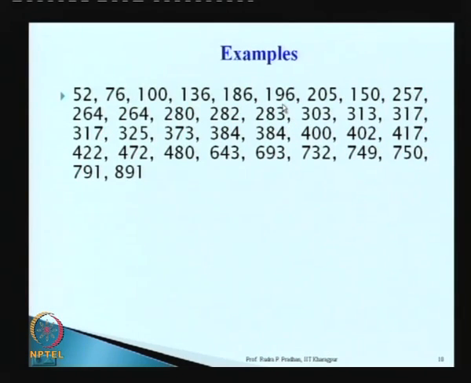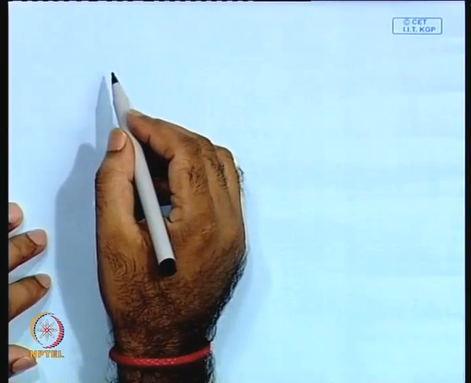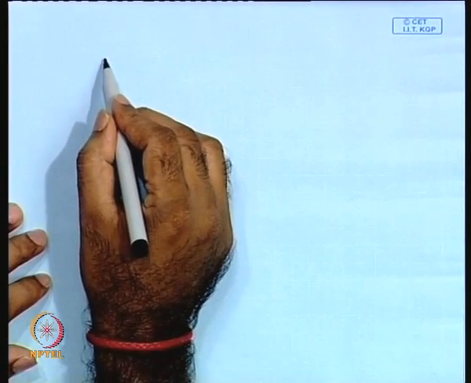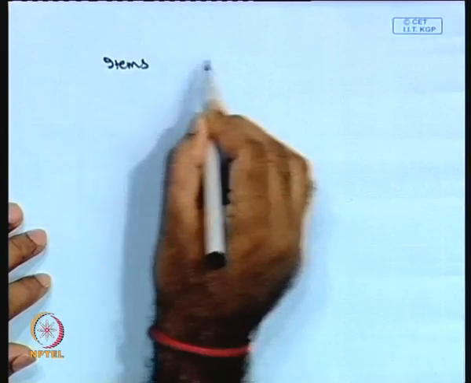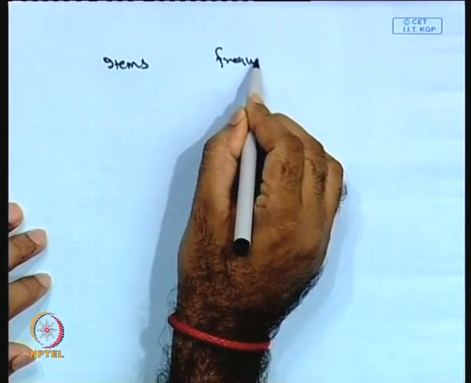The best procedure is to list the items and their corresponding frequency.